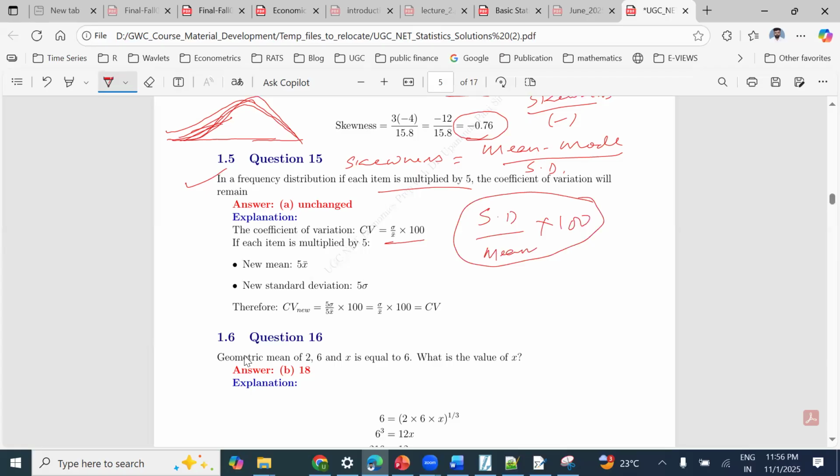But what about change of origin? Origin is adding or subtracting some value. That I know. But I am asking if the question would have been different. In a frequency distribution, if each item is added or subtracted by 5, will the coefficient of variation remain unchanged or changed? It will change, sir.